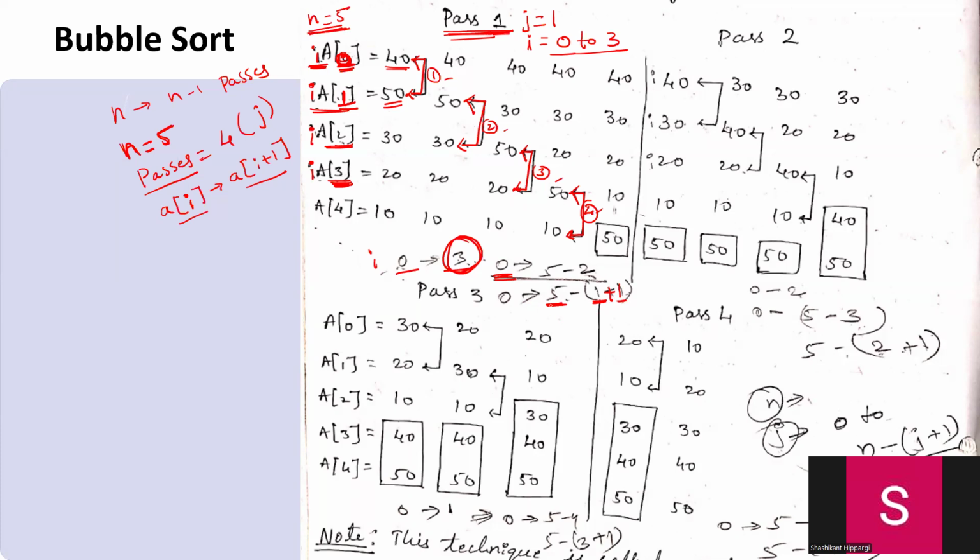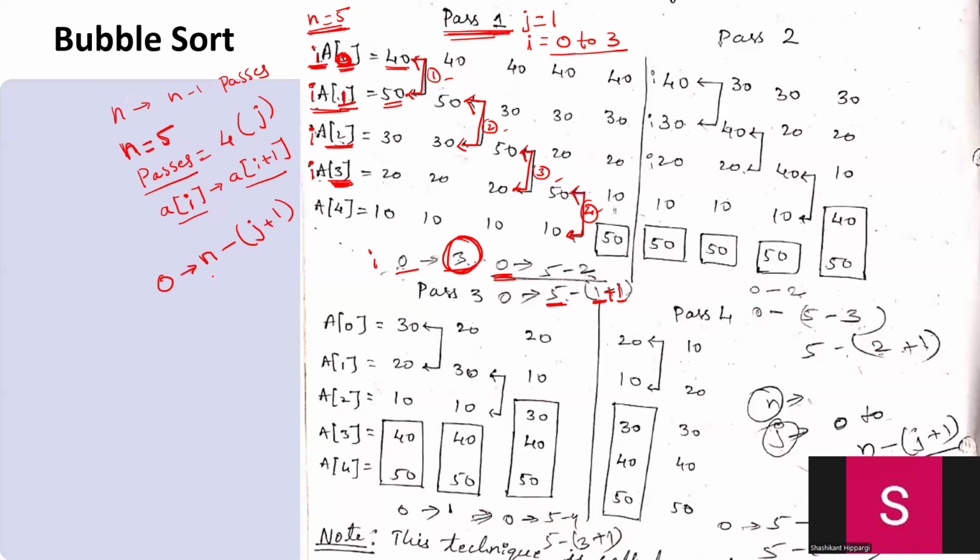I'm just trying to write that here. We are going to start from 0. The last value will be the number of elements that we have minus in which pass we are plus 1.